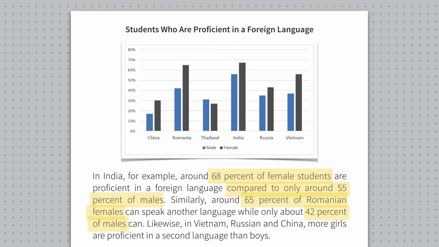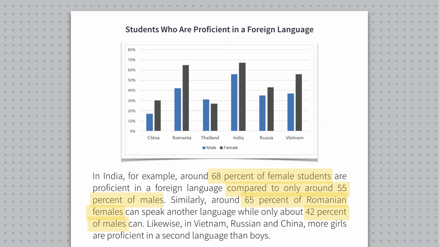Similarly, we've compared the proficient females in Romania with the percentage of proficient males. So here, by comparing the males with the females in those 2 countries, we've given very specific examples, detailed numbers that prove the trend we identified, that female students tend to be more proficient than males.